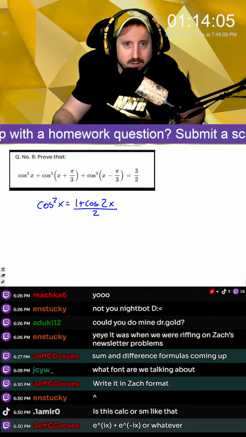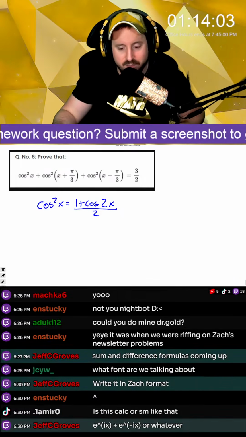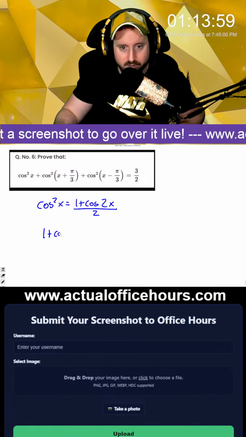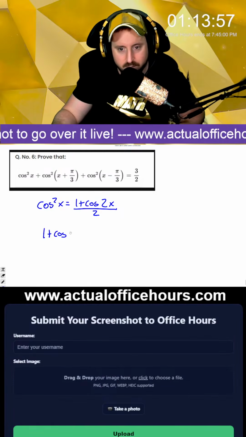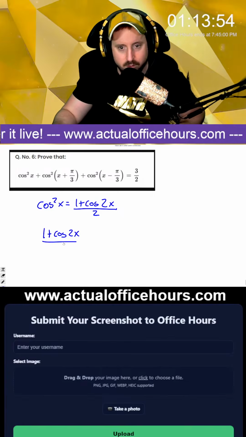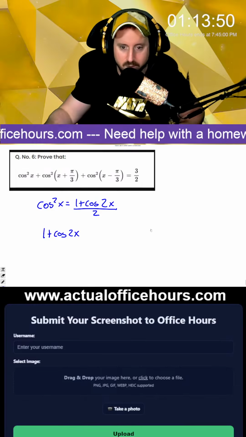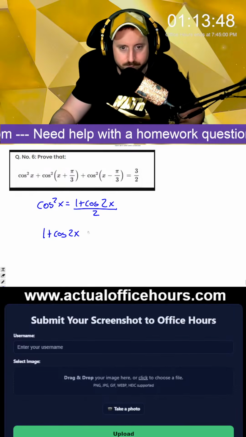Okay. Is this like calc or something? No, I think this is just pre-calc. So this is 1 plus cosine of 2x, all over 2. So can I just multiply everything by 2 and make this equal to 3? Yeah.